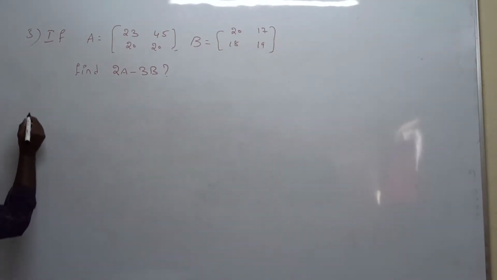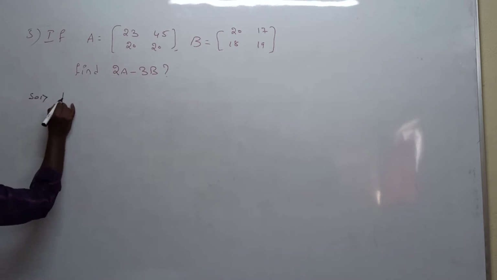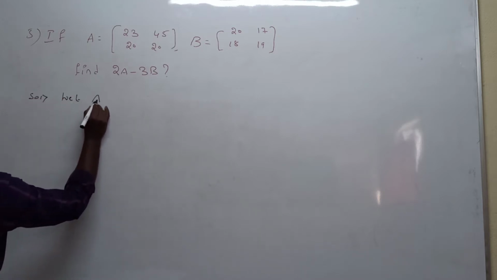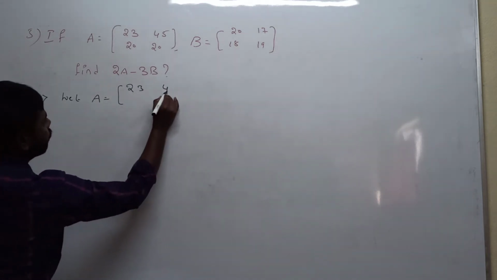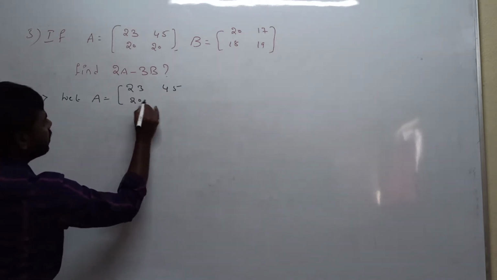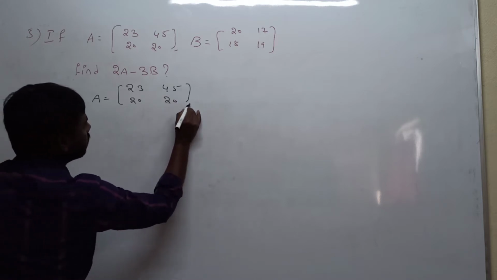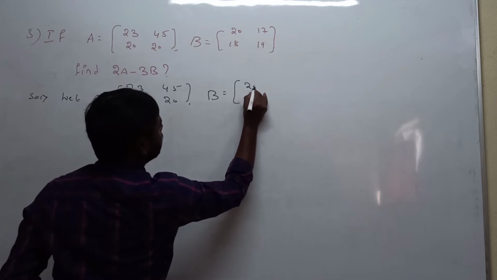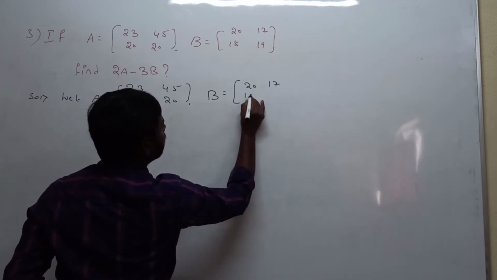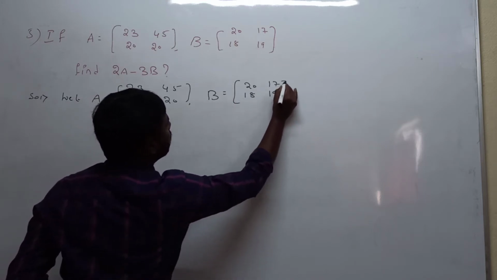So write the solution. Let A be equal to the given matrix [23, 45; 20, 20] and the B matrix is [20, 17; 18, 19]. What are they asking?